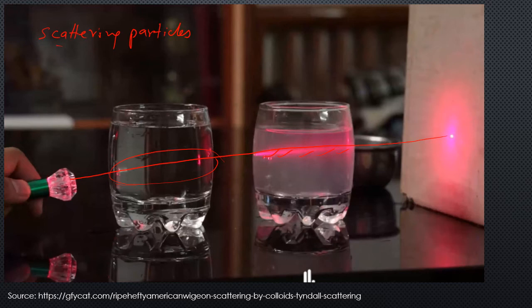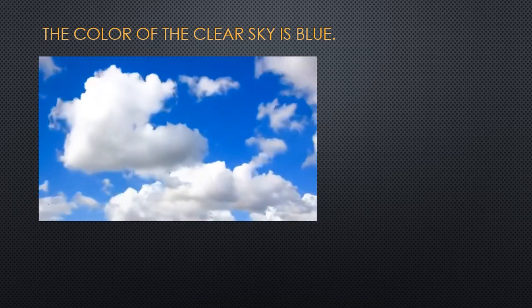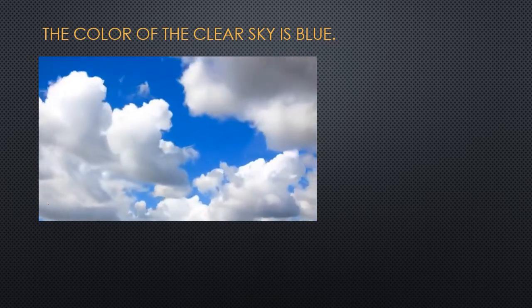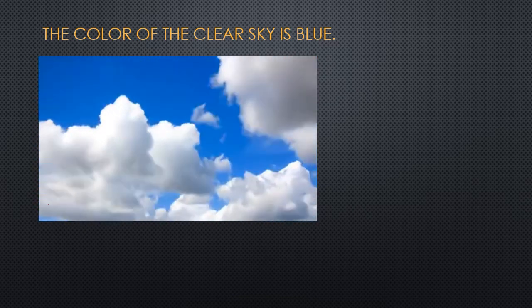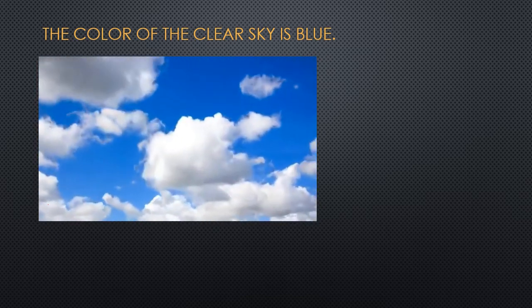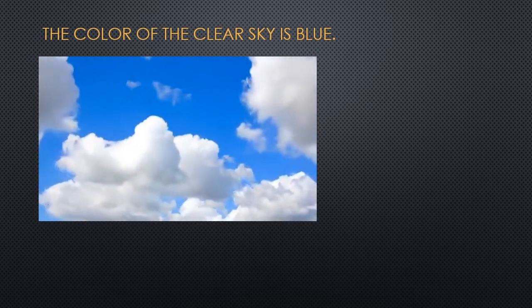Next, we will look into why the sky is blue. Why do we see the sky as blue? What is the science behind the bluish sky? Let's understand the scattering of sunlight by the fine air particles, because of which we see the sky as blue. You need to pay attention to what is happening here.